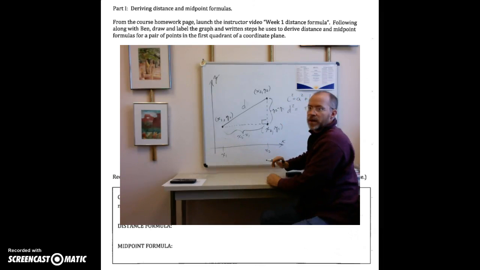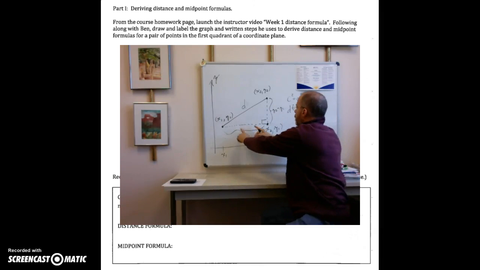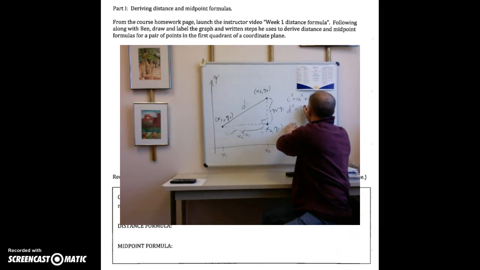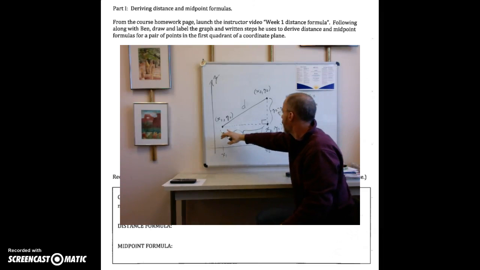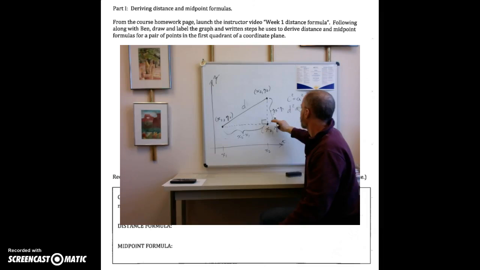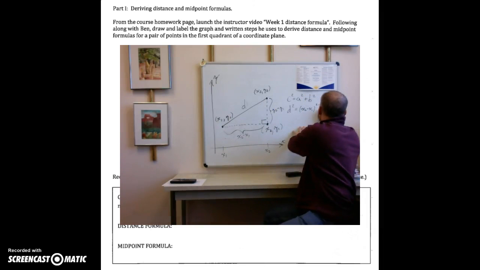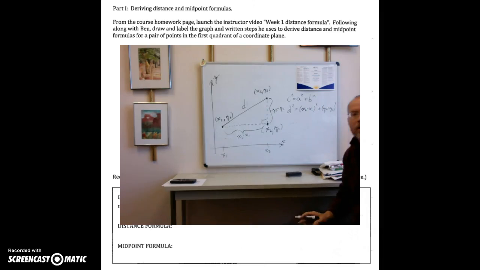A squared is the square of the length of one of these legs. So I'll copy down x2 minus x1, but square it, the squared length of this leg, and add to that b squared, the squared length of the vertical leg of the right triangle.